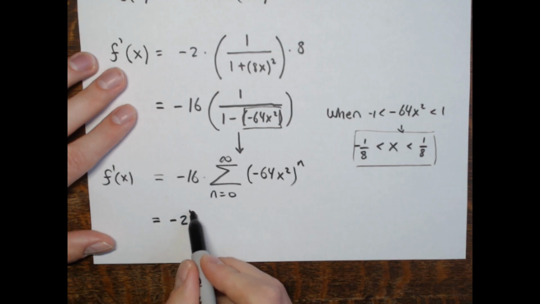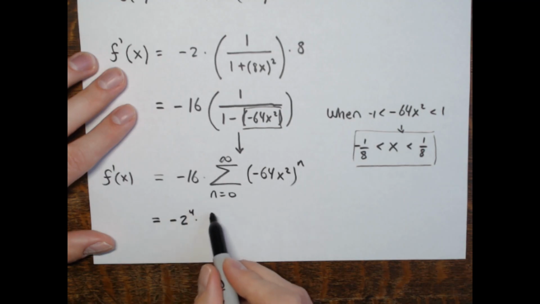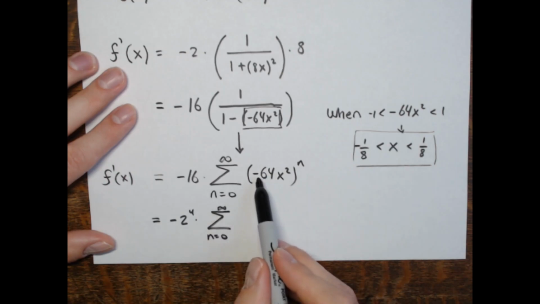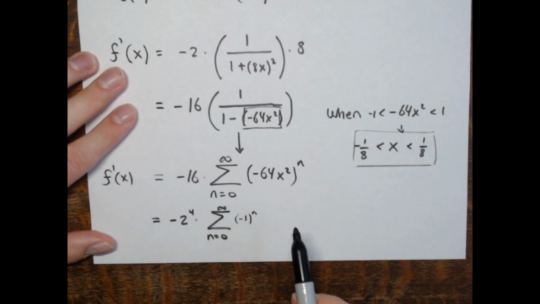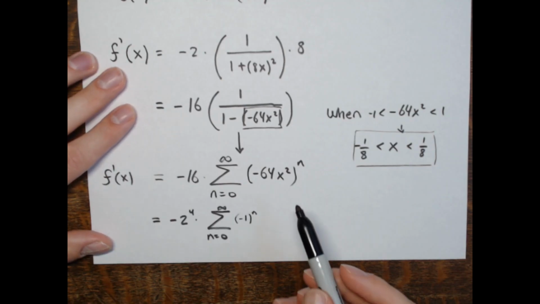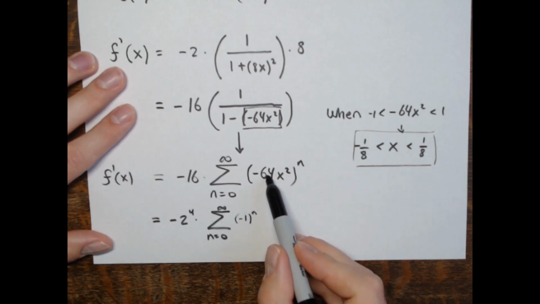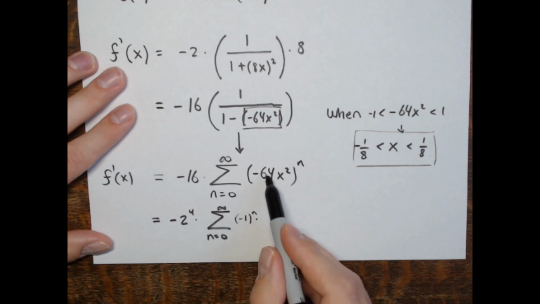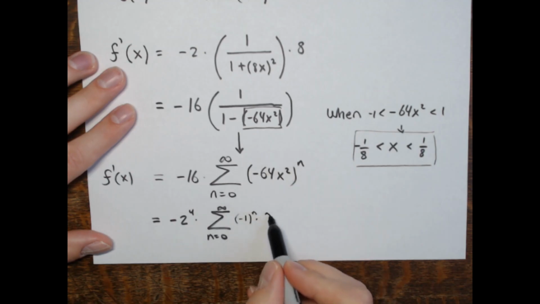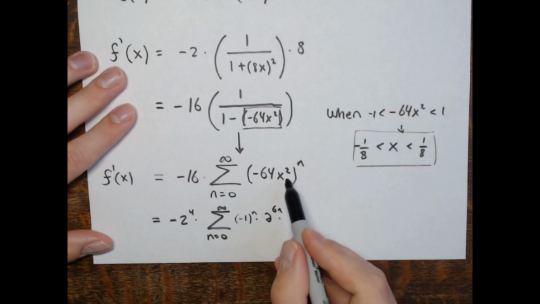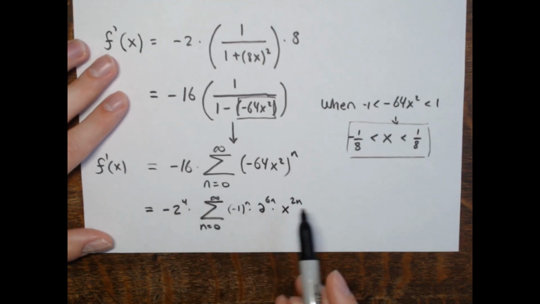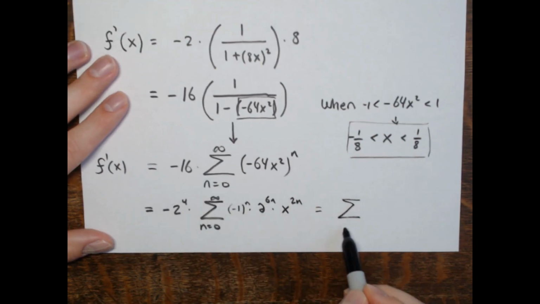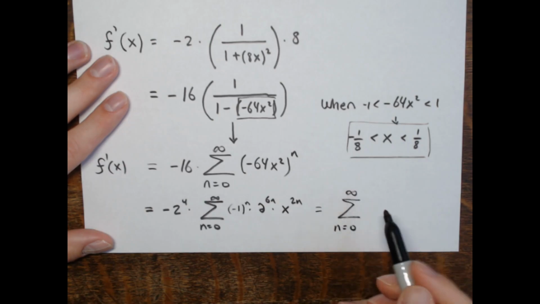This is negative 1 times 2 to the fourth, sum from n equals 0 to infinity, and then you'd have a negative 1 to the nth to cause some sort of alternating. And then 64 is 2 to the 6th power, so it'd be 2 to the 6th to the n, so 2 to the 6n power, and then x squared to the n would be x to the 2n power.